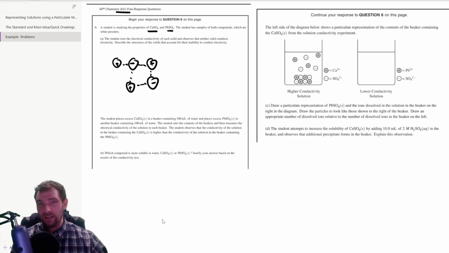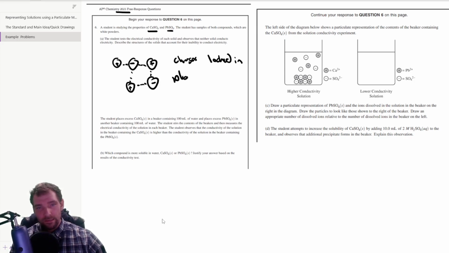Electricity requires flow of charge. So I would say charges locked in place due to the forces between these ions.